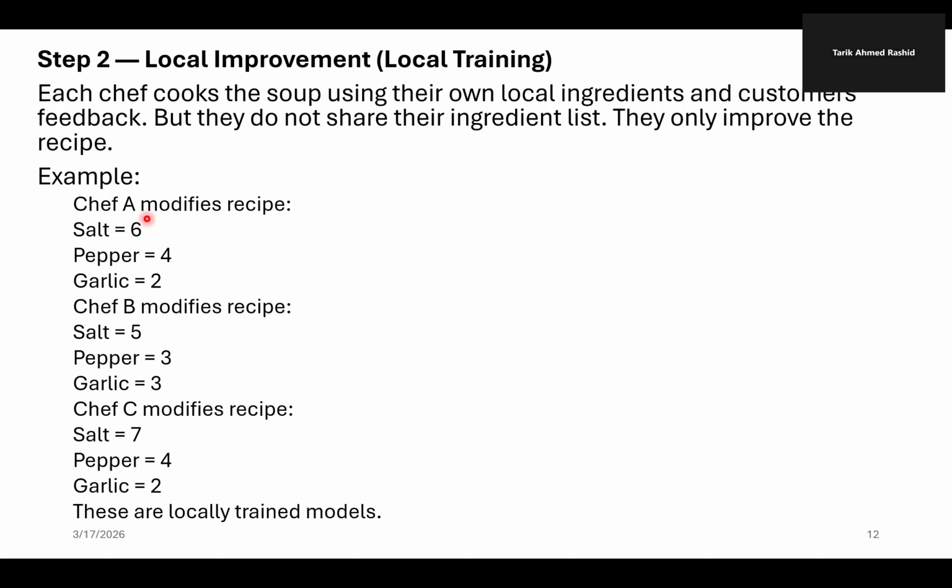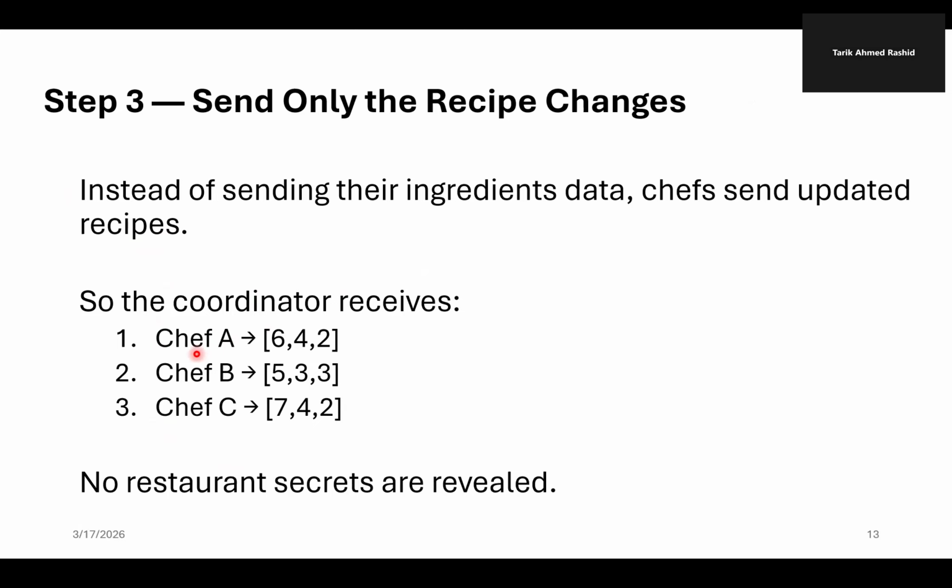For example, Chef A produced 6, 4, 2, while Chef B produced 5, 3, 3, and C produced 7, 4, 2. Each device will send these results back to the server, the weight updates from A, B, and C.